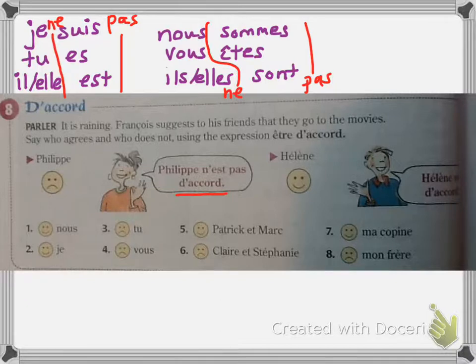Patrick et Marc sont d'accord. Numéro 6. Claire et Stéphanie. Claire et Stéphanie ne sont pas d'accord. Numéro 7. Ma copine. Ma copine est d'accord. Numéro 8. Mon frère. Mon frère n'est pas d'accord.